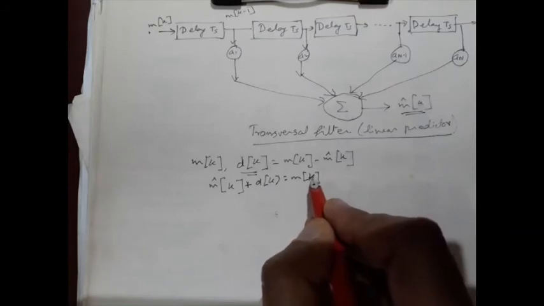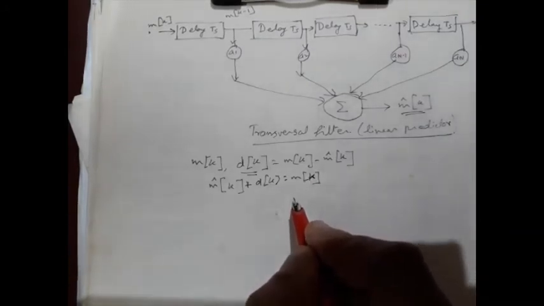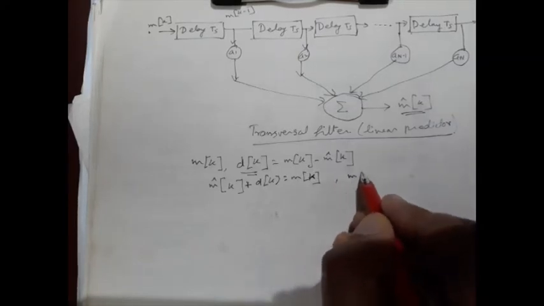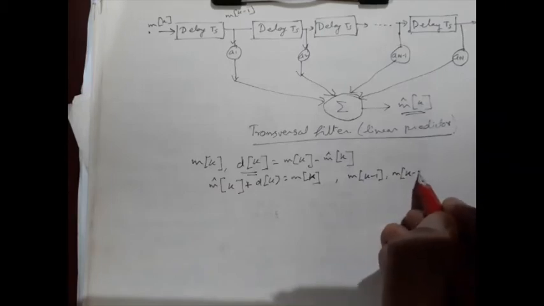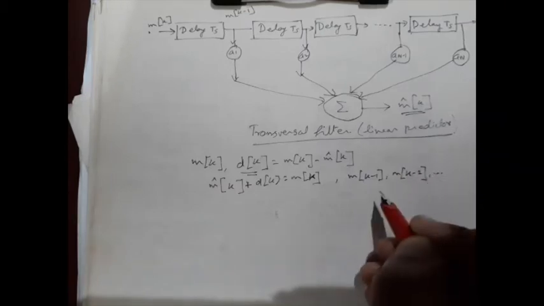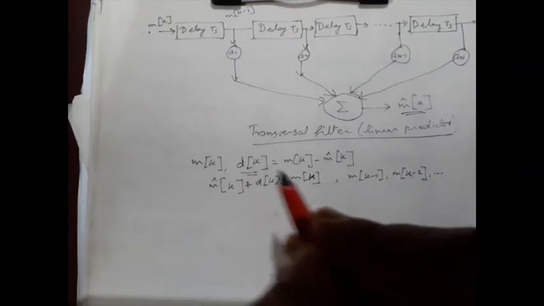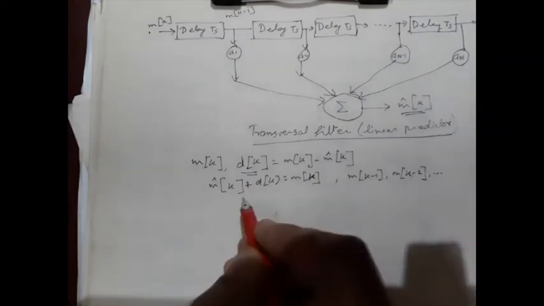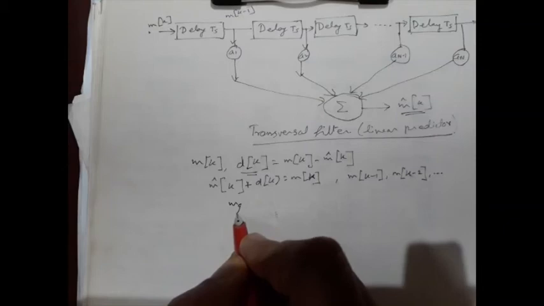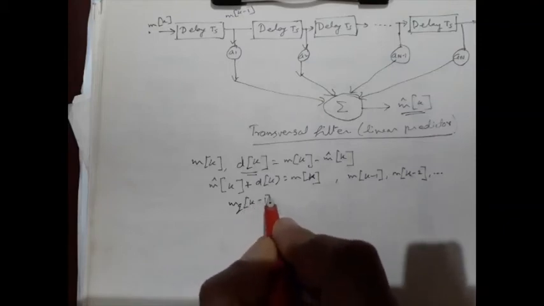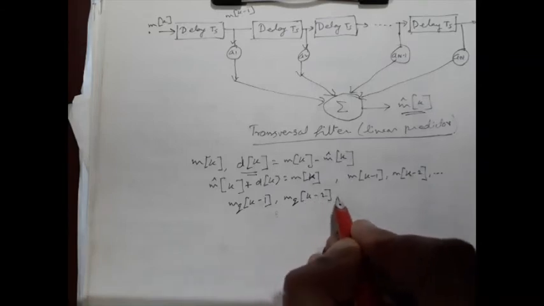So everything is fine, but at the receiver, instead of past samples, meaning m[k-1], m[k-2], these are the past samples, as well as this d, we have their quantized version. That means instead of m[k-1] at the receiver, we have the quantized version of m[k-1], quantized version of m[k-2], etc.